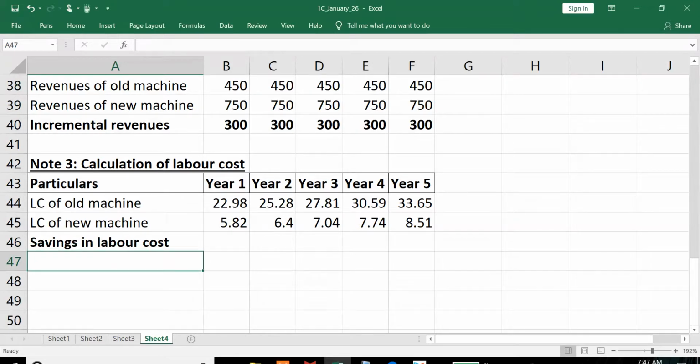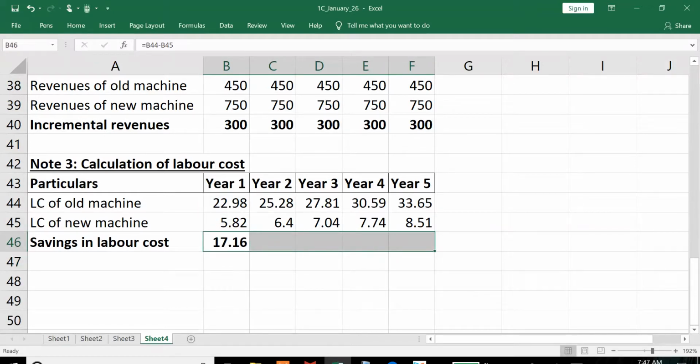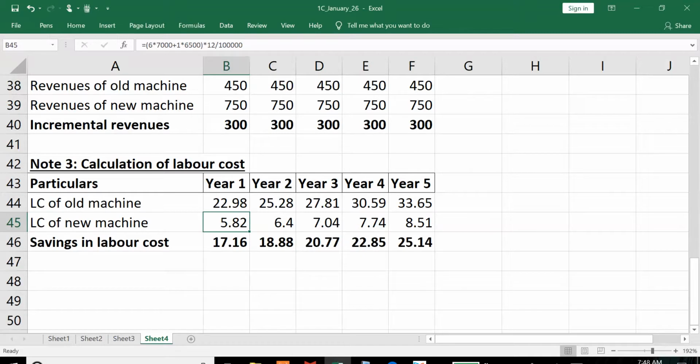You can subtract and write savings in labor cost then. If the old machine is increasing by 10%, by that logic the new machine will also increase by 10%. And I am going to save this cost. The savings in labor cost, we can have extra cost or we can have savings. In this case, I see savings in labor cost.